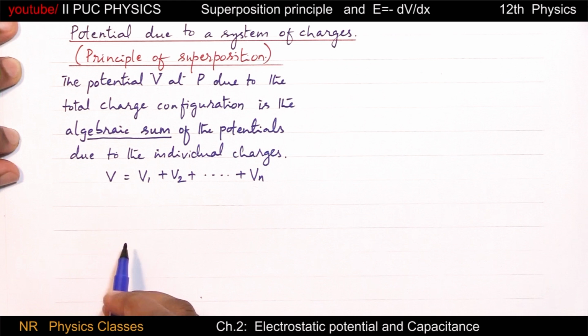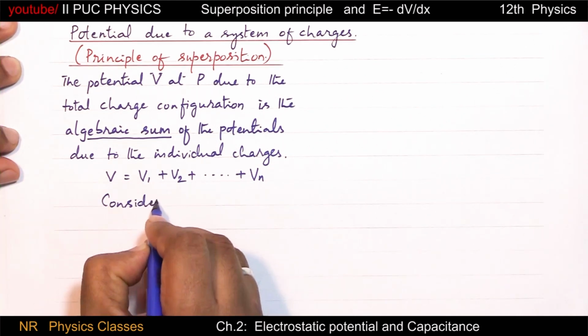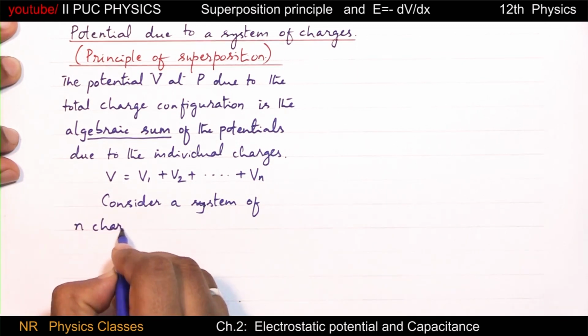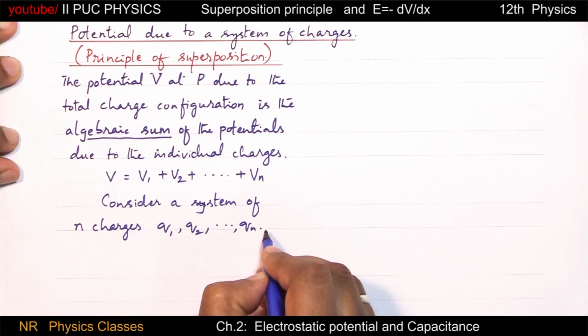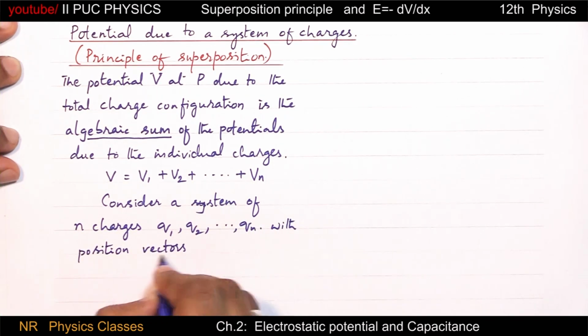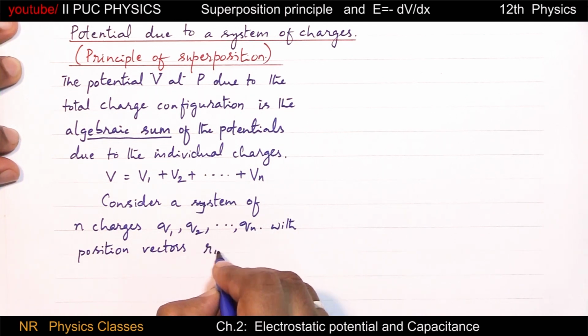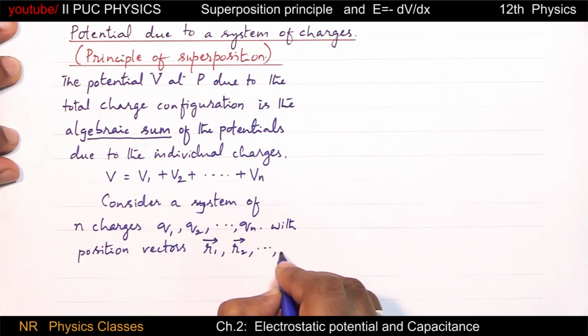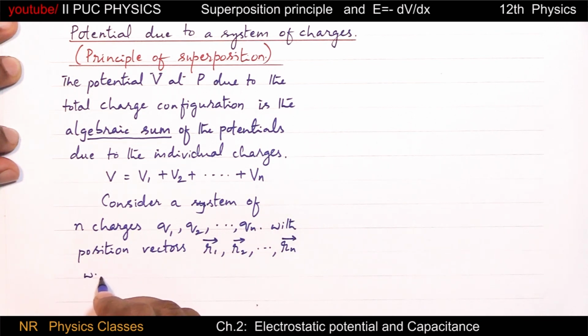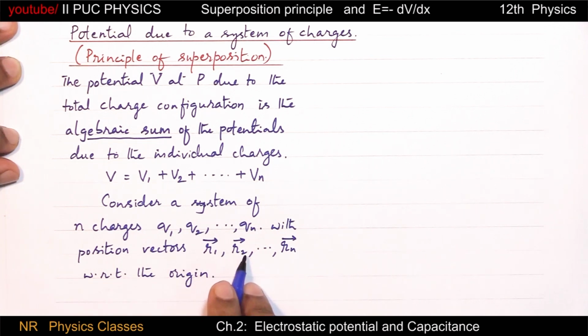Let us consider a system of n charges, Q1, Q2, up to Qn, with position vectors R1, R2, up to Rn with respect to the origin. A position vector is always with respect to some reference point; in this case, with respect to the origin.